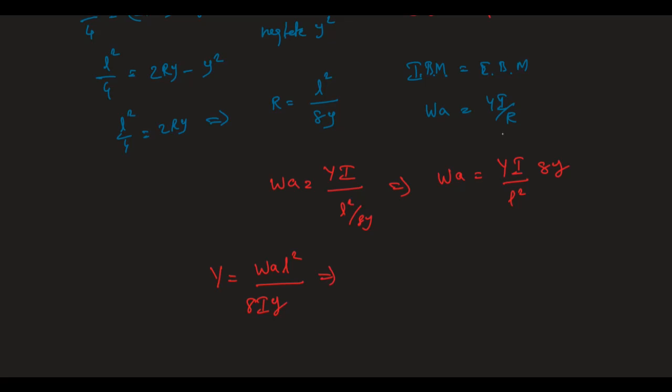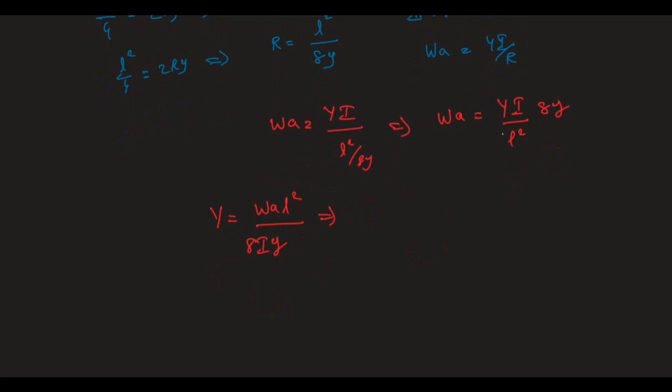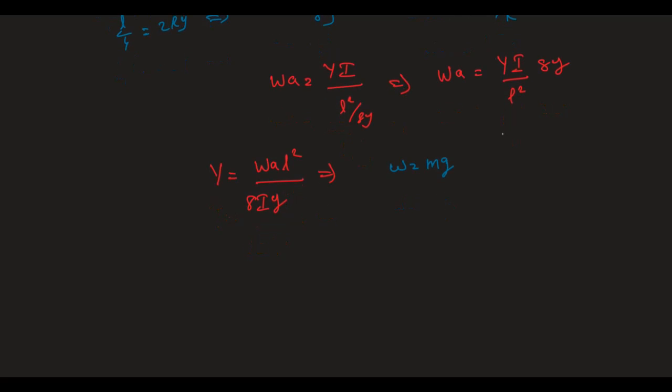So we know what I is. We have already discussed many times that the value of I for the rectangular beam, and W is nothing but mg, mass into acceleration due to gravity.